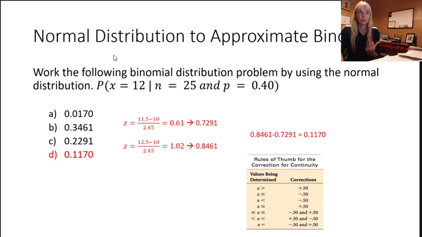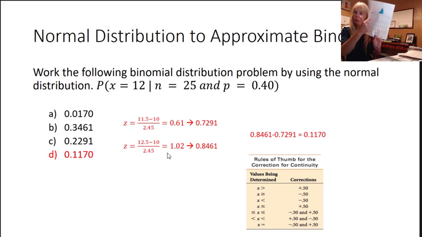So if I want exactly 12, then I do minus 0.5, which would be 11.5, and then I do plus 0.5, so that's going to be a lower Z and an upper Z. I take those two values and look them up in my table. You got your table still there? So look them up. Don't just say, Cindy, I see what you did. No, you didn't, because you didn't look in your table.